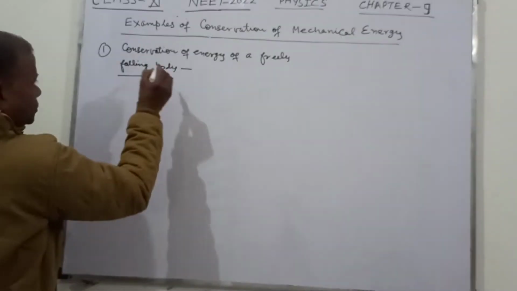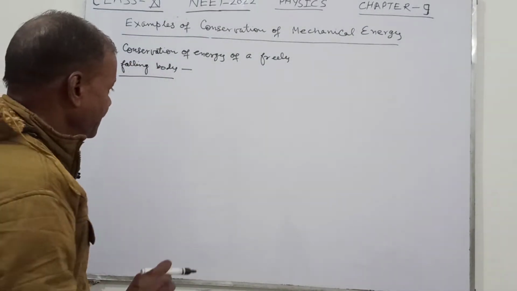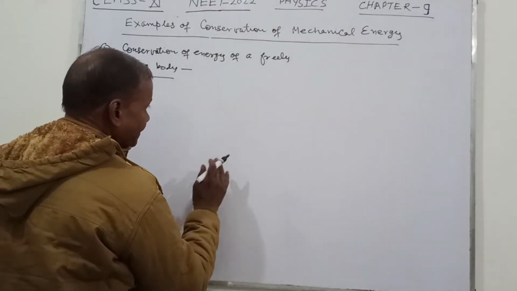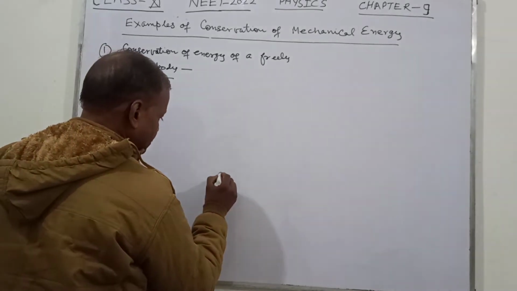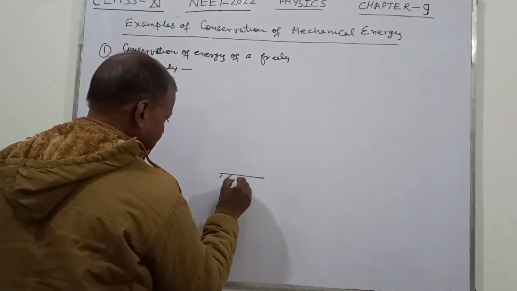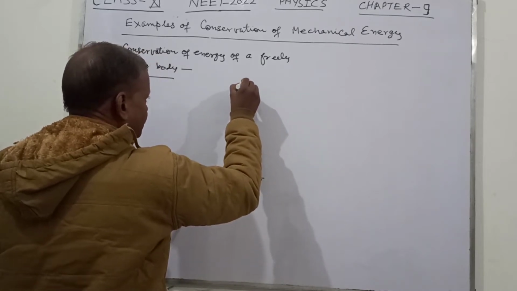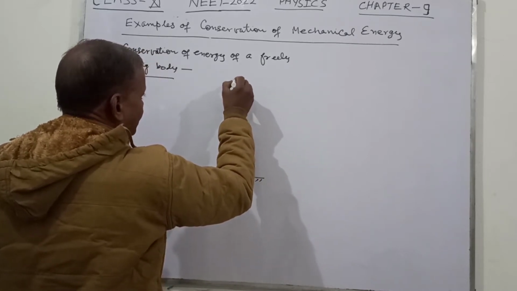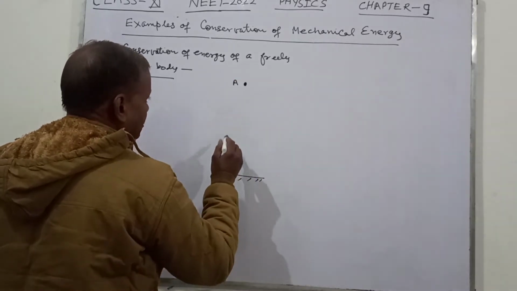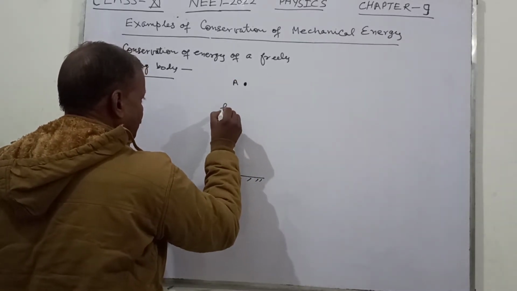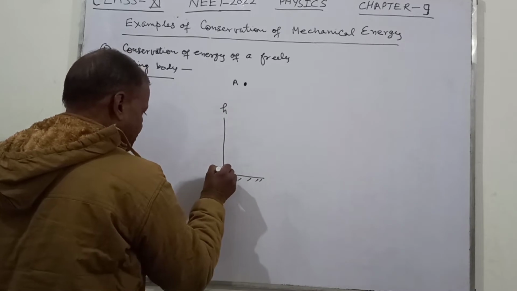This is now the first example. So now let us take, this is the ground. Here is the body. This is at point A. Now the height of this point A from the ground is h.